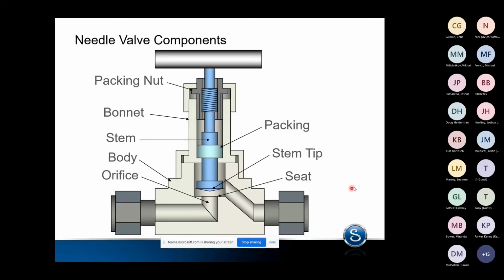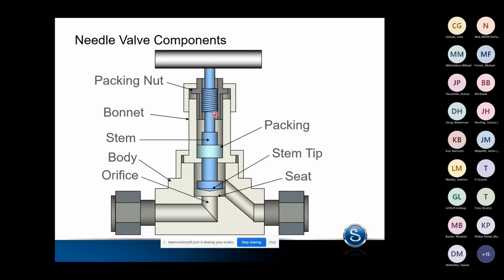If you run a needle valve backwards, and all the needle valves are going to have a directional arrow on them so we know which way to install them into the system, if you forget and accidentally have the arrow pointing towards the inlet side instead of the outlet side, and you send the high pressure this way, there's a risk that over time we start side loading the needle of the needle valve.